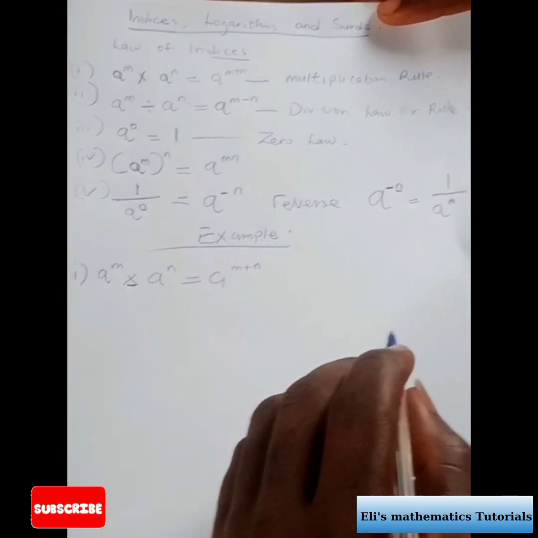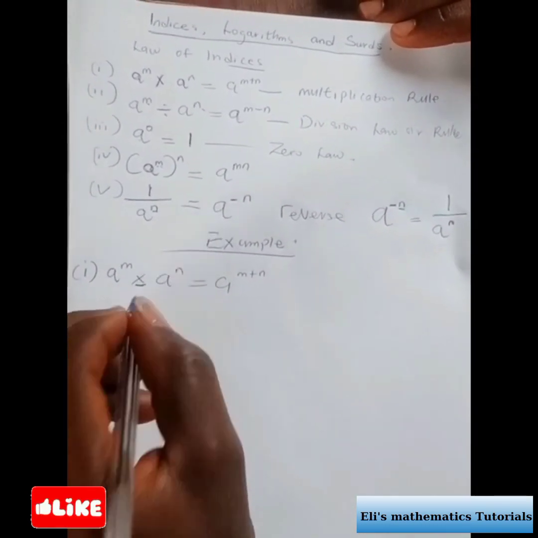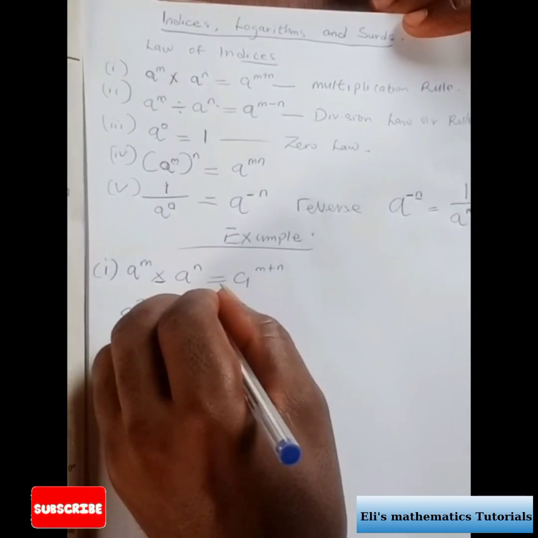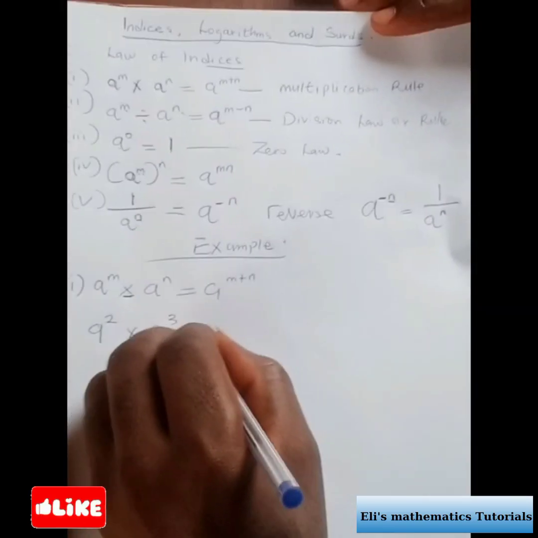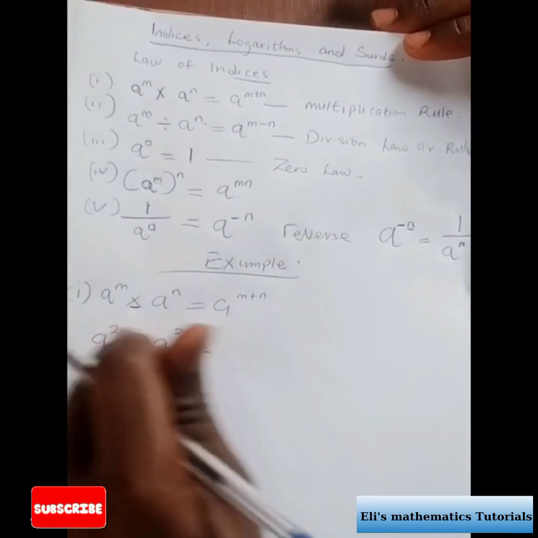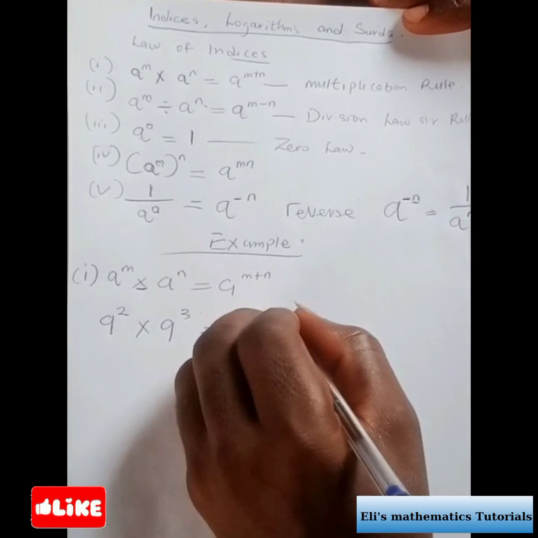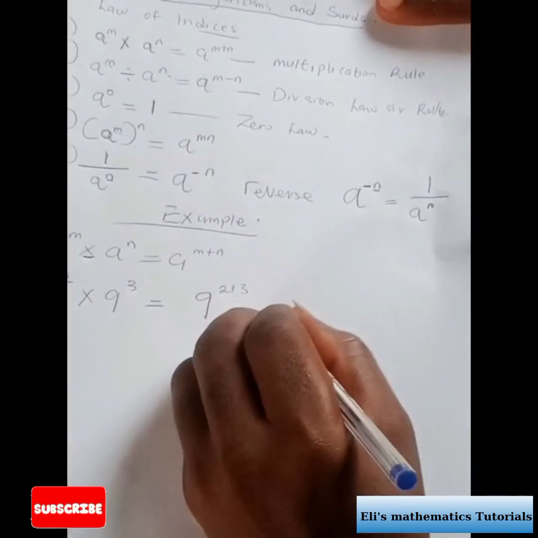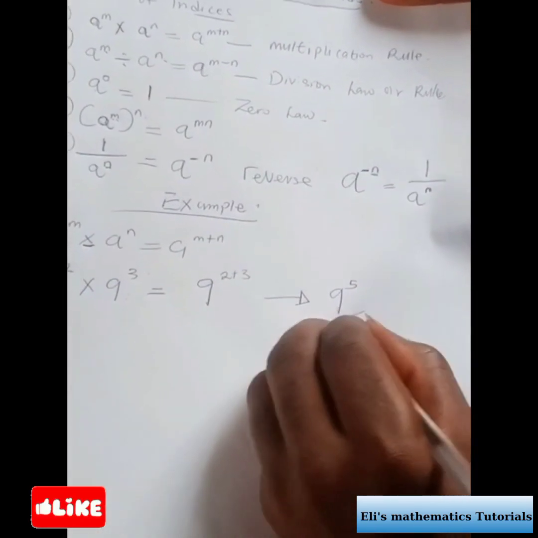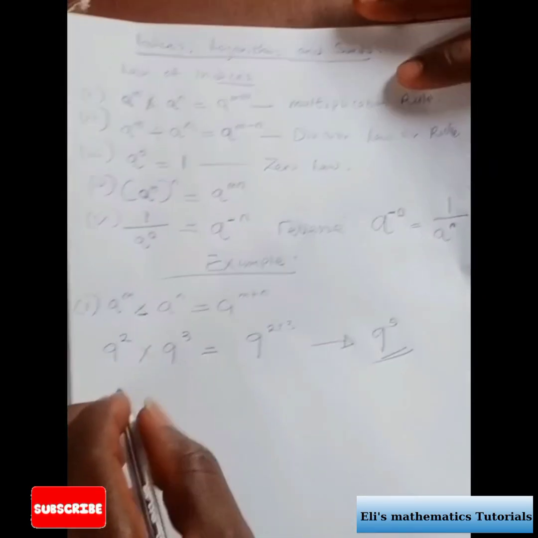So we want to look at 9 raised to power 2 times 9 raised to power 3. We'll pick one of the 9 because they are of the same base, and then add these two powers together, 2 plus 3. The answer is 9 raised to power 5. So it's very easy and simple.